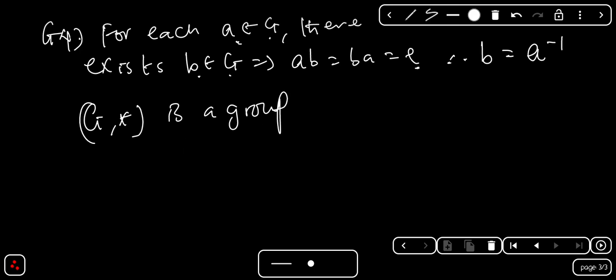Now, we have a special property, which is the fifth property. The special property is the commutative property.